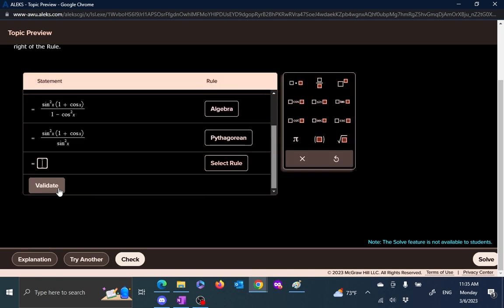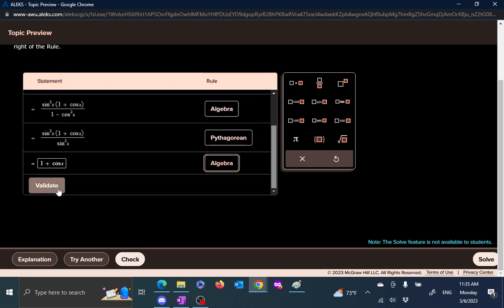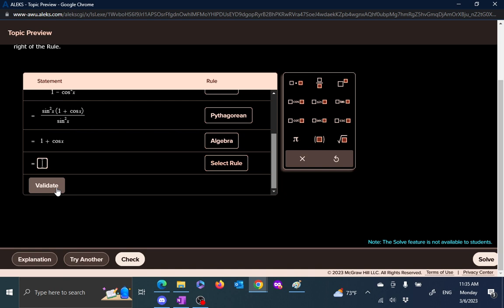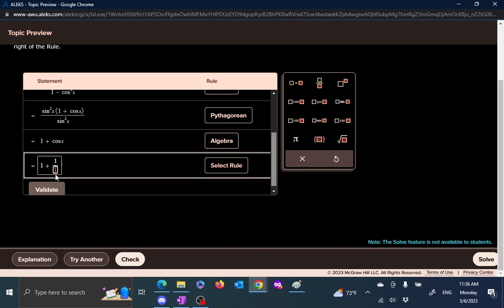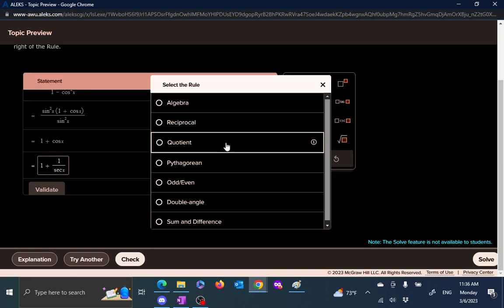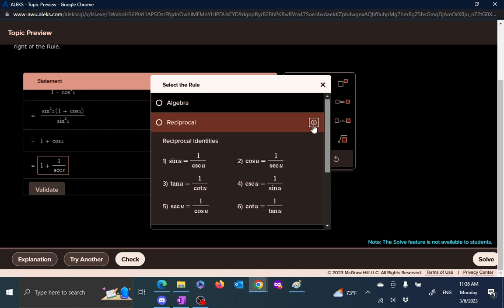That was the issue. Now we apply again algebra. We just write as 1 plus cosine of x. That is just algebra, so that it doesn't complain. Now we go ahead and write this thing as 1 plus, and cosine is the same as 1 over secant of x. Is that right? That is our reciprocal identities. You remember the reciprocal identities? Cosine, where's cosine? Cosine here. Cosine is 1 over secant. Is that right?